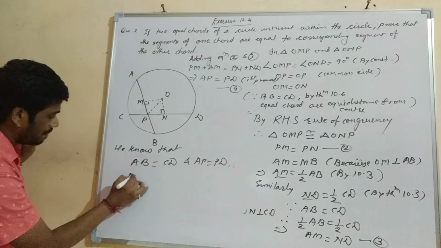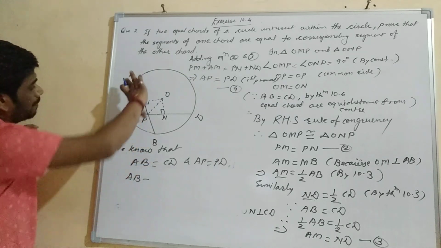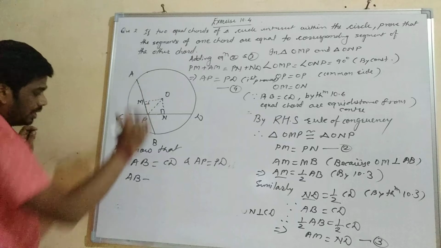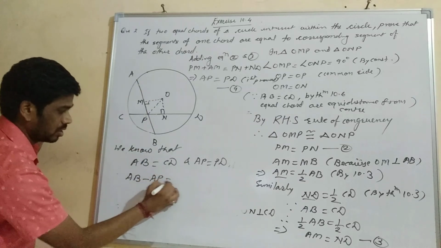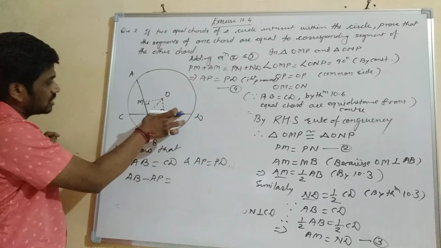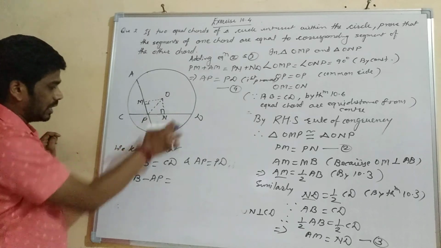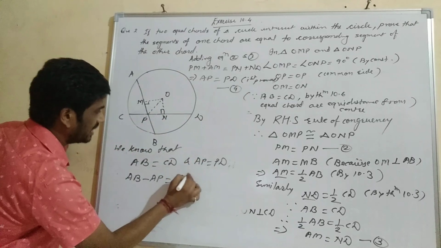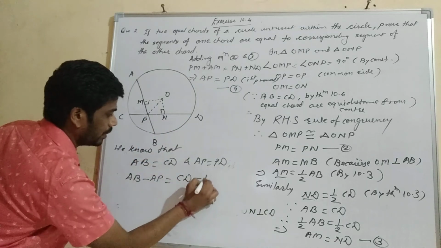So AB minus AP equal to again CD minus PD. CD minus this portion PD.